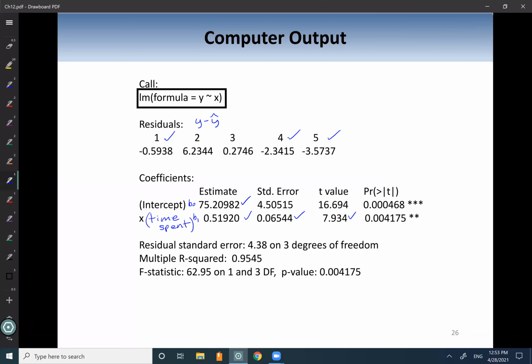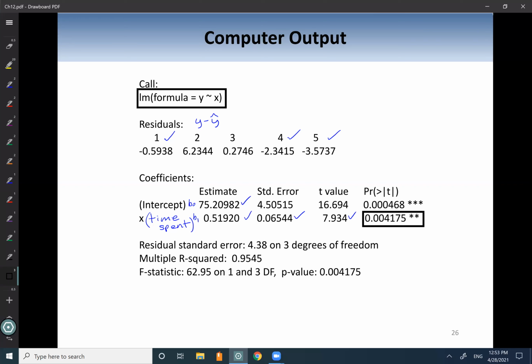But most importantly, we want to know, do we reject that the slope coefficient is equal to 0? And we do. We accepted that it is not equal to 0. It is statistically significant. And so that means that time spent is significantly associated with online sales.